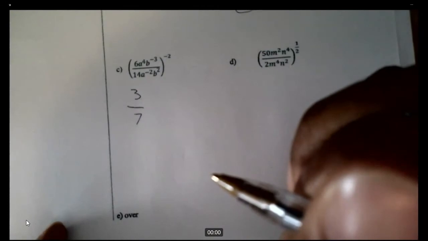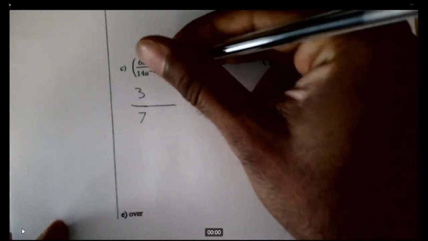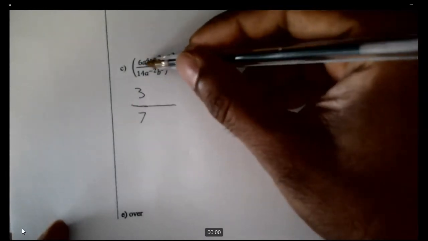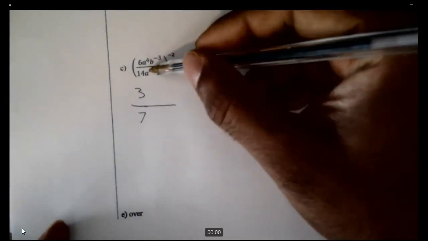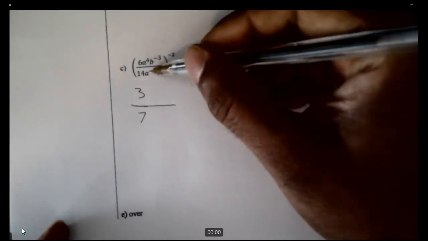And then from here, now what we can do is we can start simplifying the variables here, like a and b. So a, 4 on top, and then on the bottom is negative 2. So remember, you can subtract the exponent. So 4 minus minus 2 will give you 4 plus 2, which is going to give you 6.